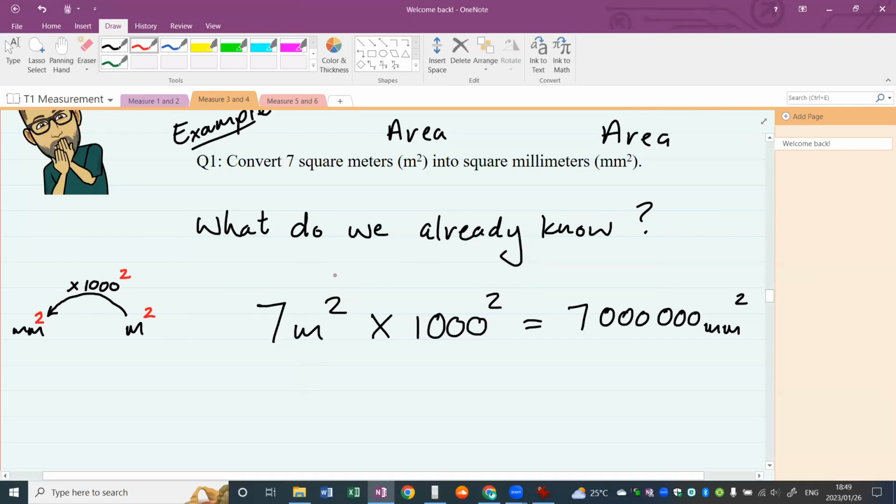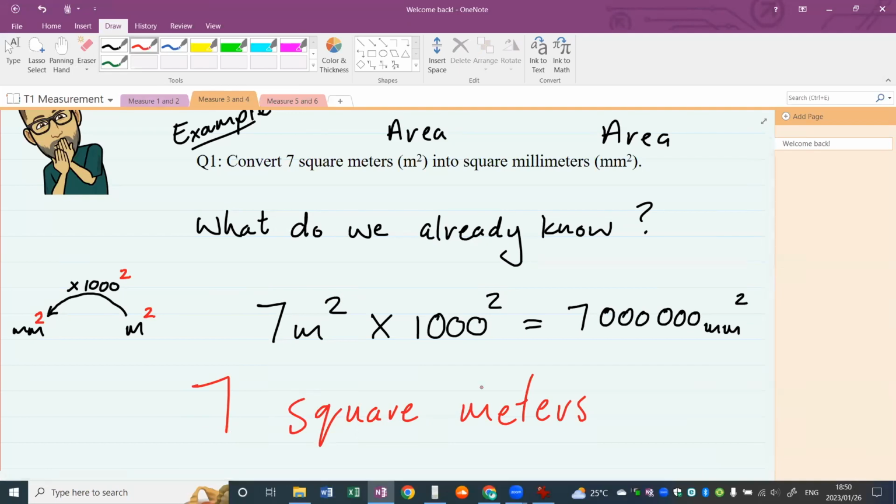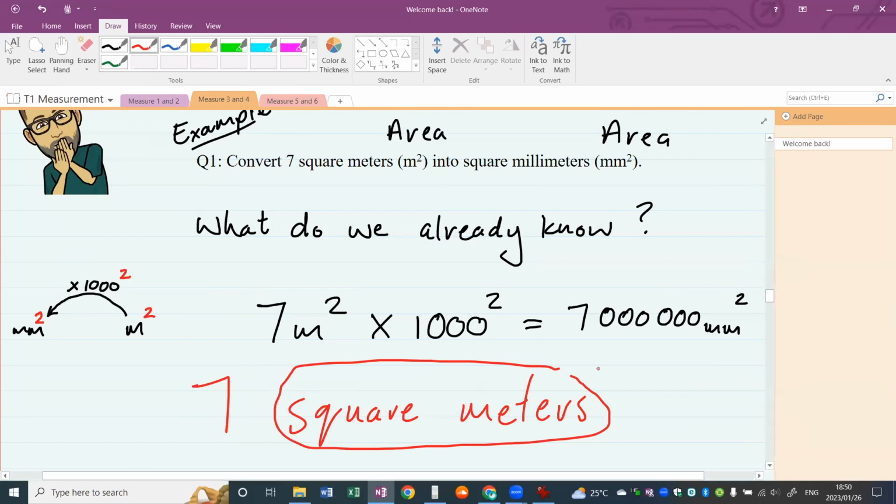So if I write 7 square meters in words, it's 7 square meters. These 2 words, square meters, are what give me m squared, m to the power of 2. The 7 is just a value on its own.